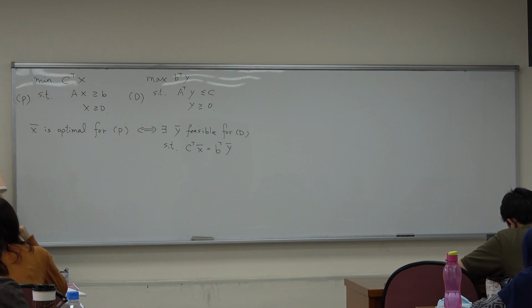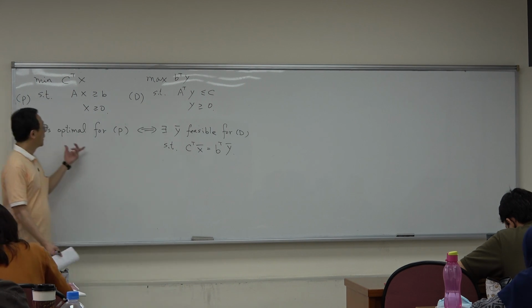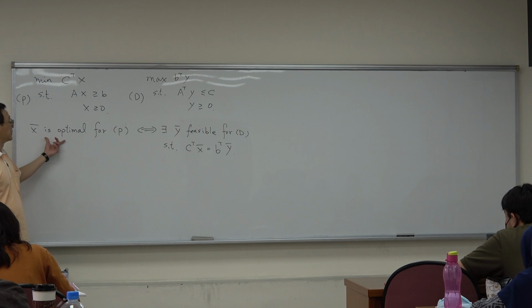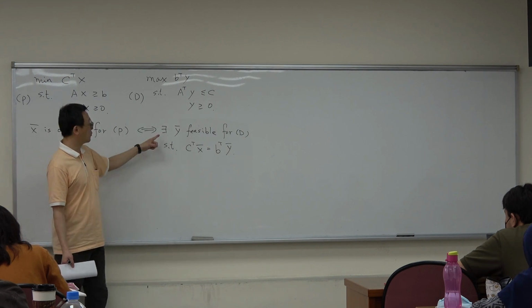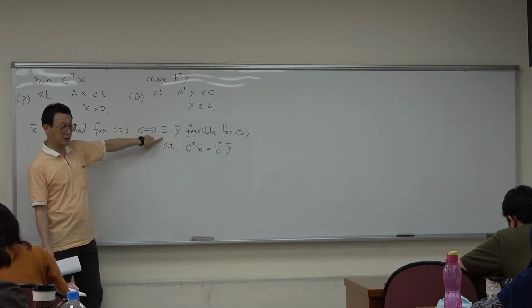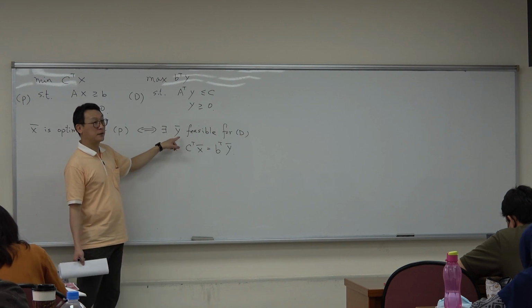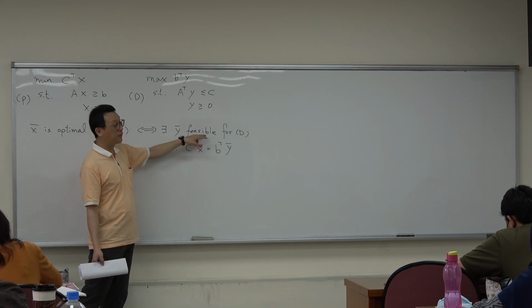So usually they should have a sub-property. If we can find y, we can find x. For example, if I find that x bar is the optimum for the primal problem, there exists a y bar that would be feasible for the dual.